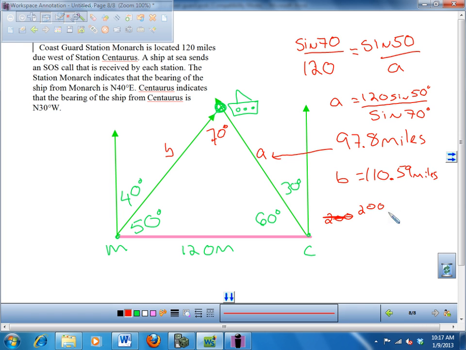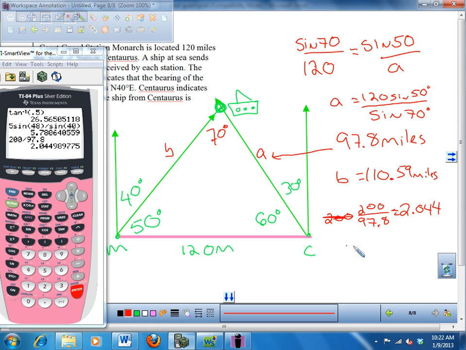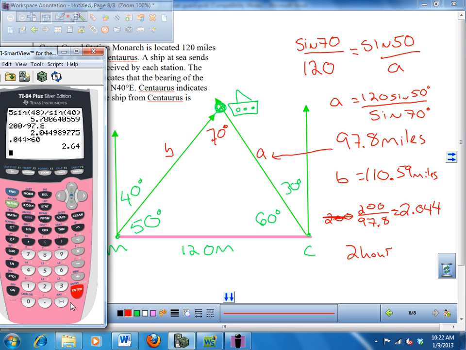So 200 divided by 97.8, because they're the closer ones, equals 2.044 hours, or about 2 hours and 0.044 times 60. I think it's the other way around.